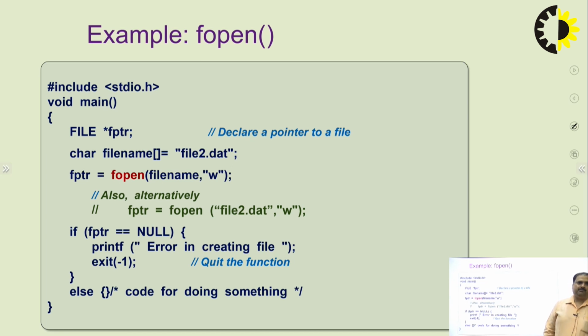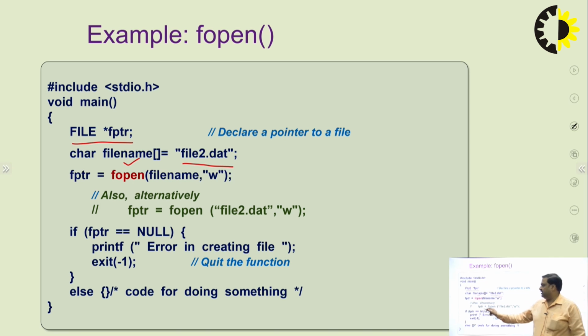So let's have one example. First thing is we need to create a pointer of type FILE to represent a file. We have stored a file name like file2.dat in a character array filename, and fptr is the pointer.